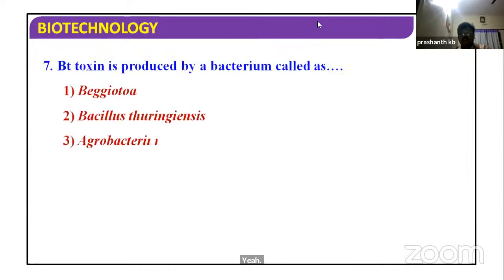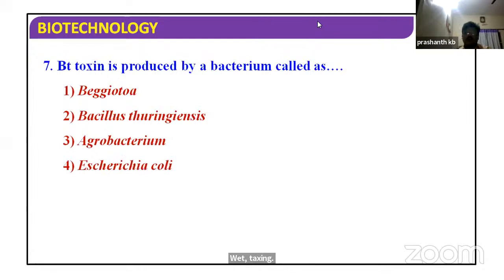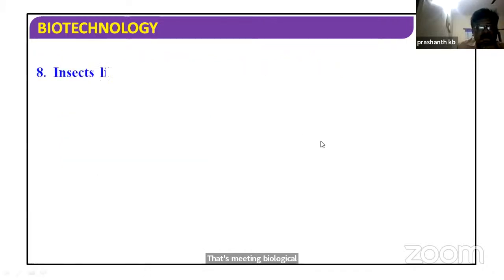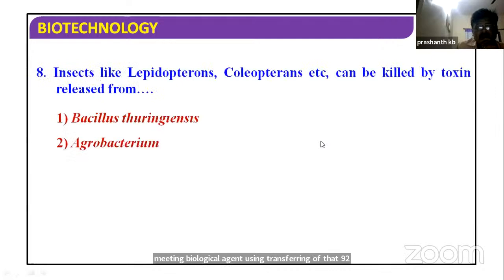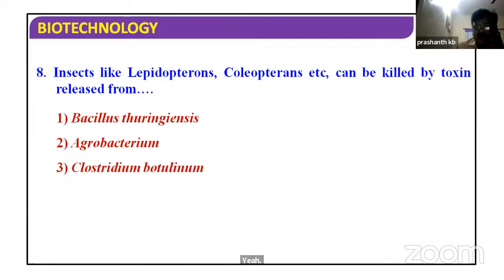BT toxin is produced by a bacterium called Agrobacterium. Sorry, Bacillus thuringiensis. BT means Bacillus thuringiensis. Agrobacterium is the biological agent used in transferring of the manipulated gene. Insects like Lepidoptera, Coleoptera can be killed by a toxin released from BT, Bacillus thuringiensis.